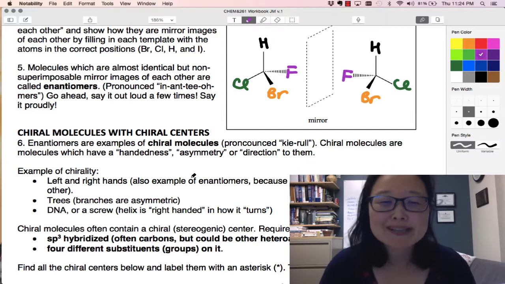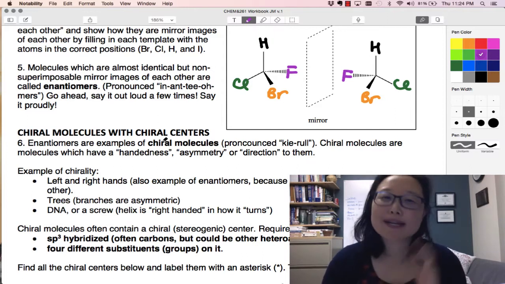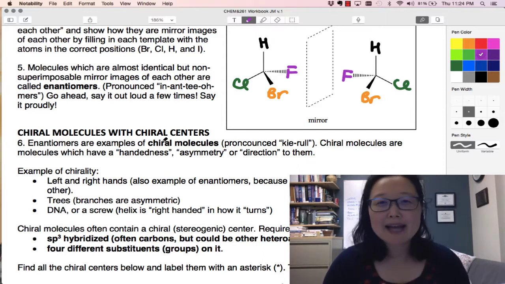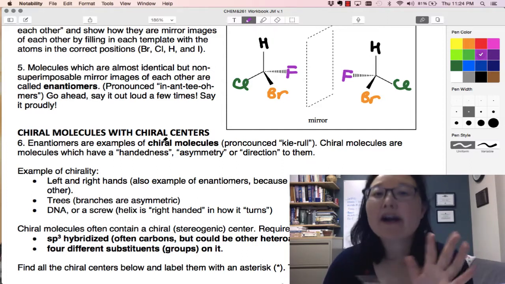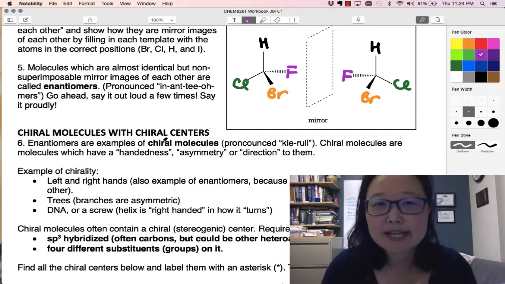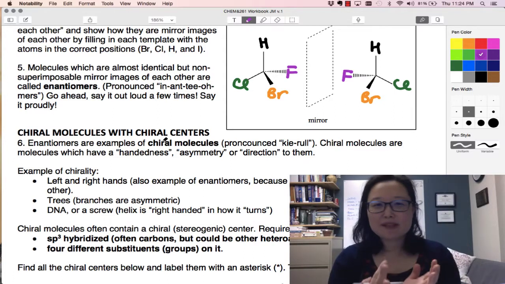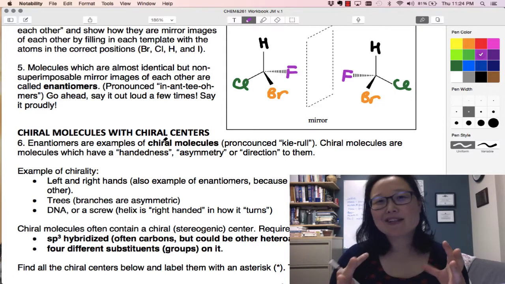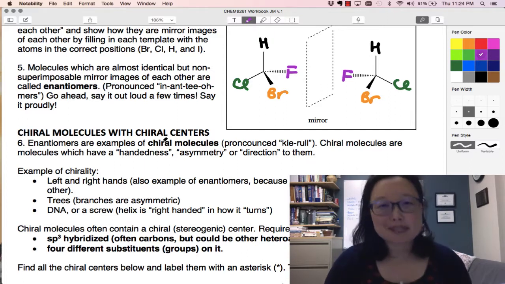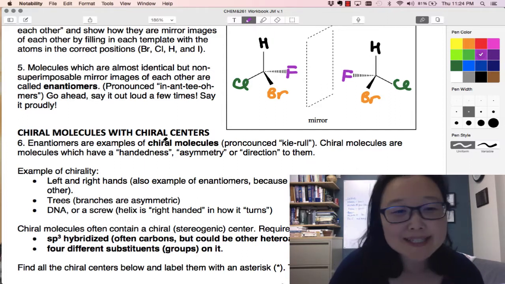So that property is called chirality. A molecule that possesses chirality has a certain asymmetry, like our hands have an asymmetry. But a perfect sphere is completely symmetrical. So we would not say that a sphere is chiral, but we would say that certain objects with asymmetry have chirality.